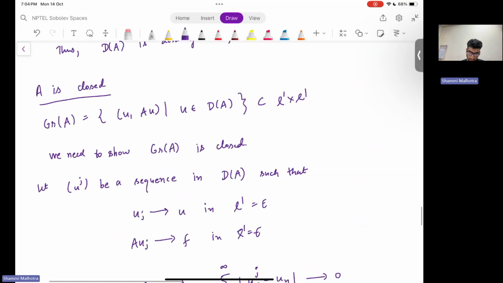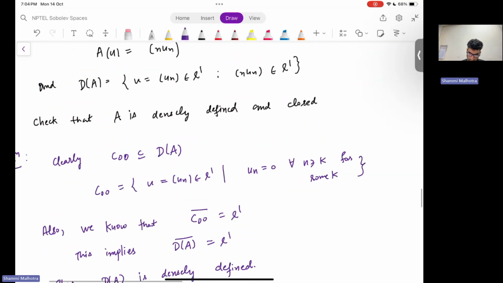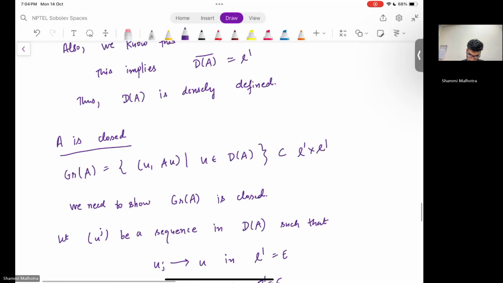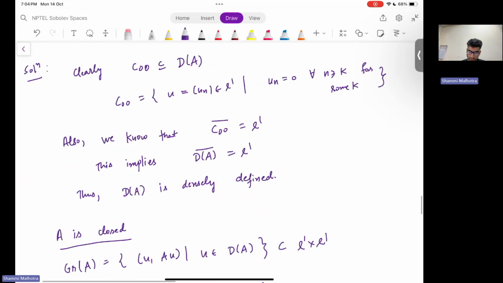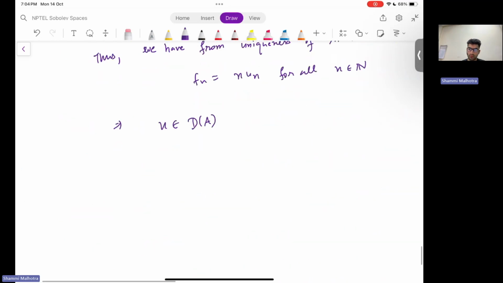So that is the definition of D(A). And once that is there, this implies that u belongs to D(A), and this implies A is closed.